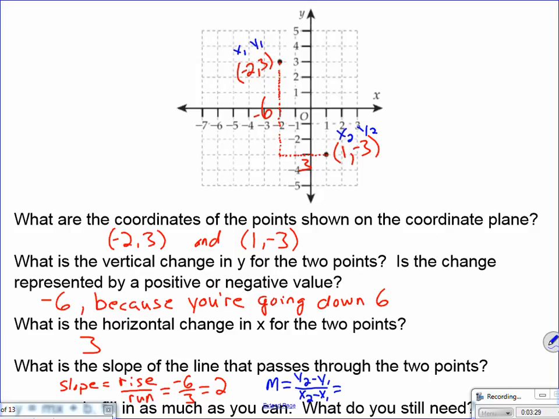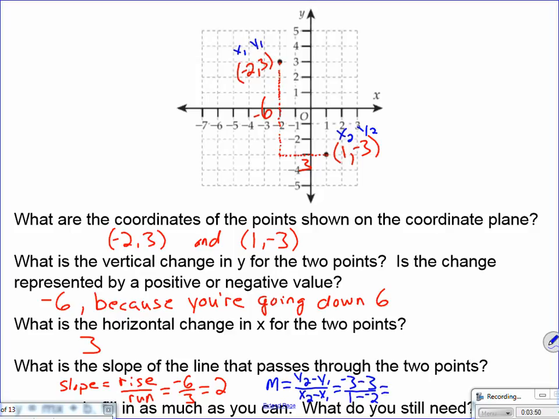So when I do that, here's what happens. y2 is -3. If I take that minus y1, which is 3, and then my x2 is 1, and I'm going to take that minus -2, which is my x1.